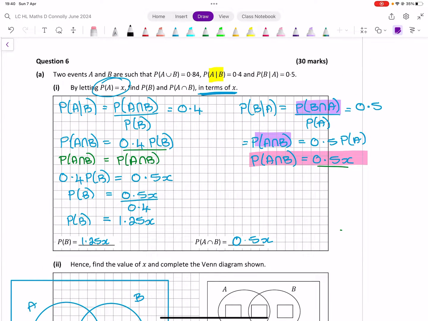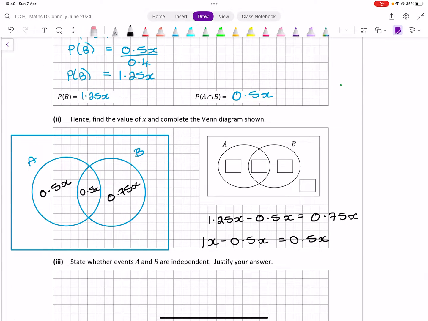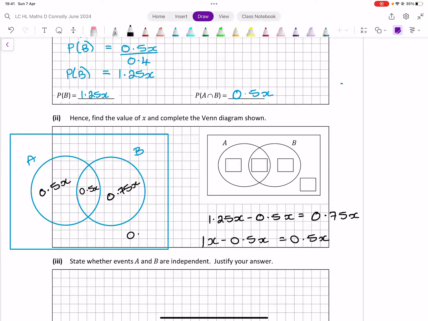The union is 0.84. Anyway, if the union is 0.84, that means the circles is 0.84, and probability is always out of 1. So that means out here is 0.16.